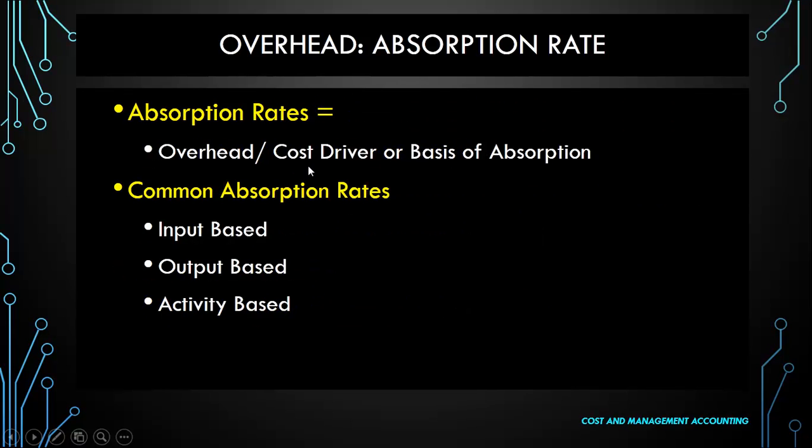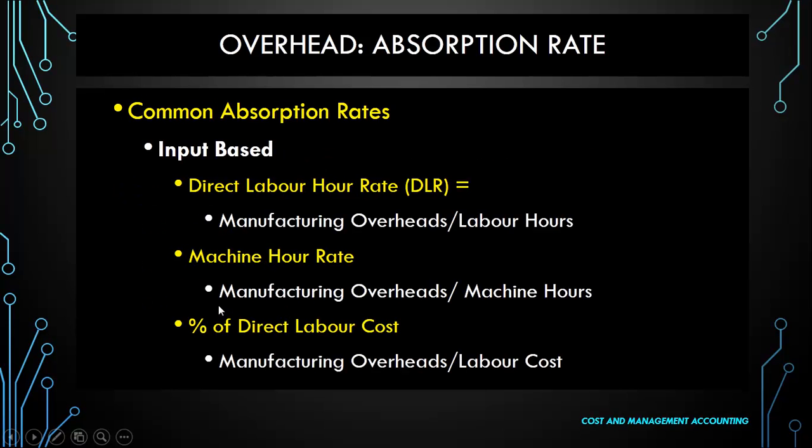So these overhead absorption rates can be determined either by using input, which are called input based absorption rates, or can be output based, or maybe activity based absorption rates.